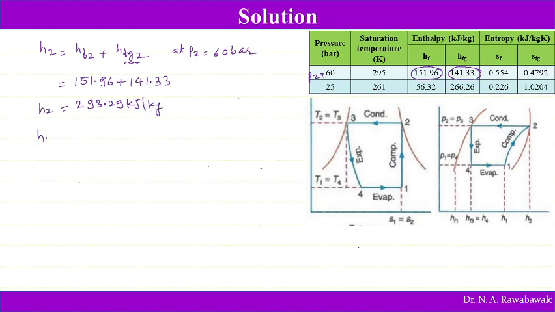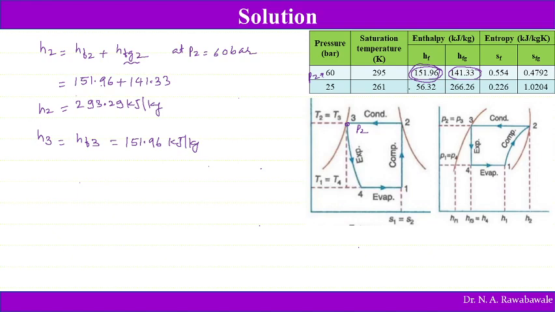Now we want to find out H3. So H3 is equal to HF3. At point 3, the pressure is P2, so H3 is nothing but HF3. HF3 is the enthalpy of liquid, 151.96 kilojoules per kg.